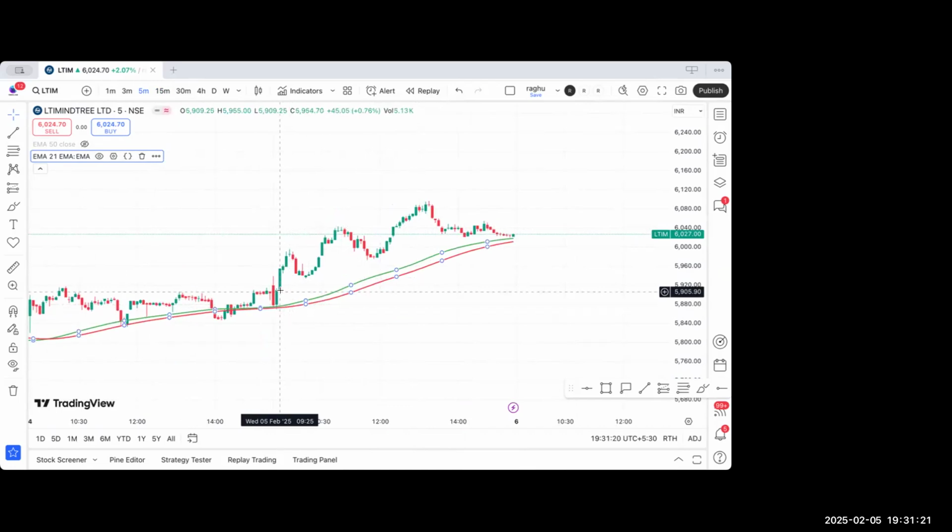Correct. If you are looking at the ORB also, in the ORB 5, 10, 15, you got the trade at 10:30. But I got a trade based on the EMA at this place.